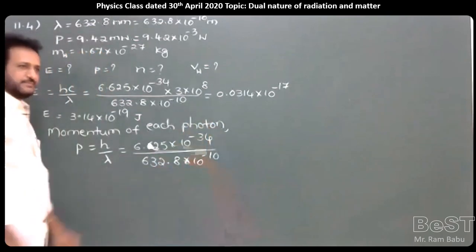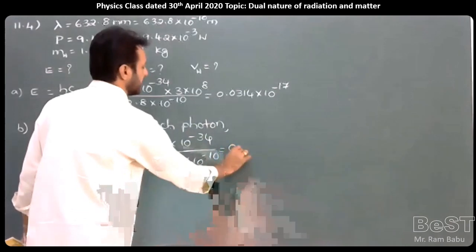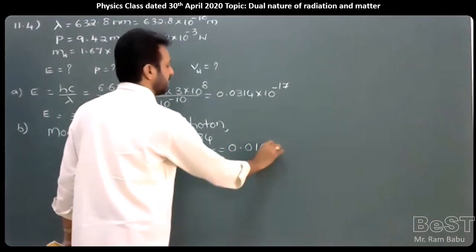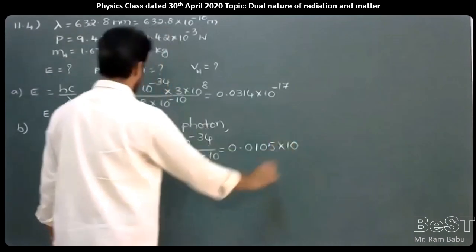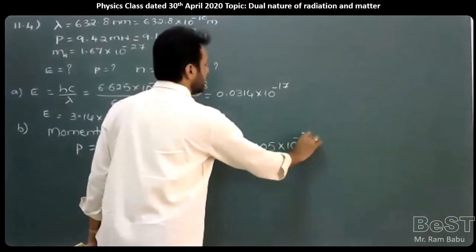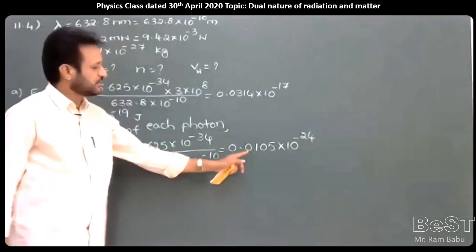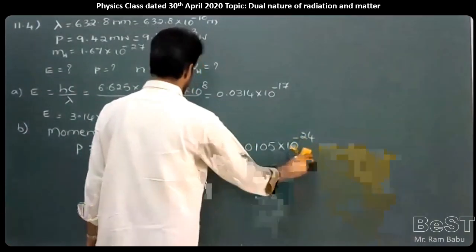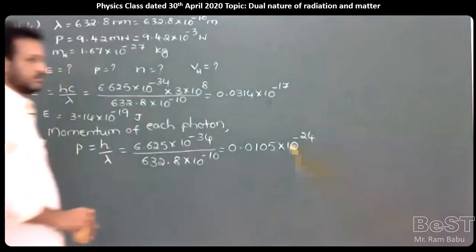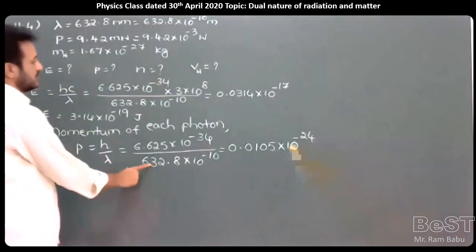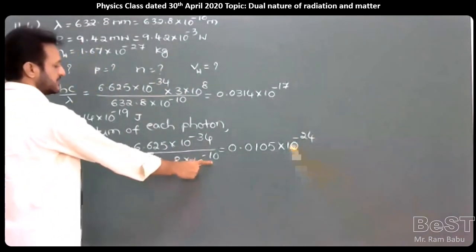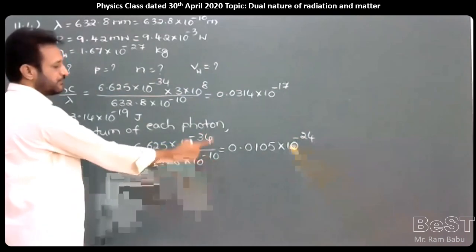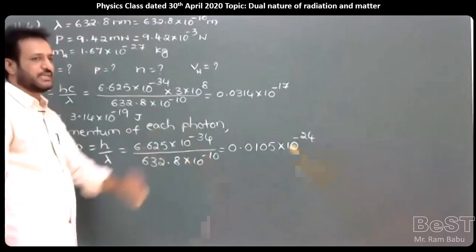If you simplify, 0.0105 into 10 to the power of minus 24. With 632.8 into 10 power minus 10, minus 10 taken to the numerator becomes plus 10, so minus 34 plus 10 is equal to minus 24.